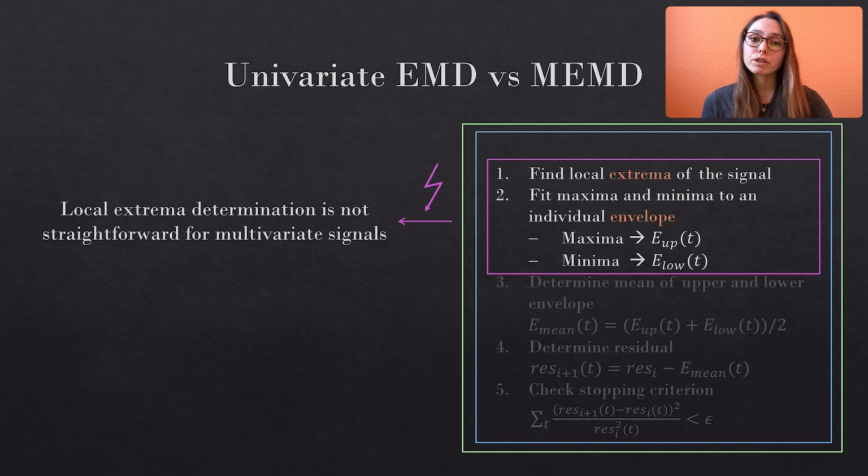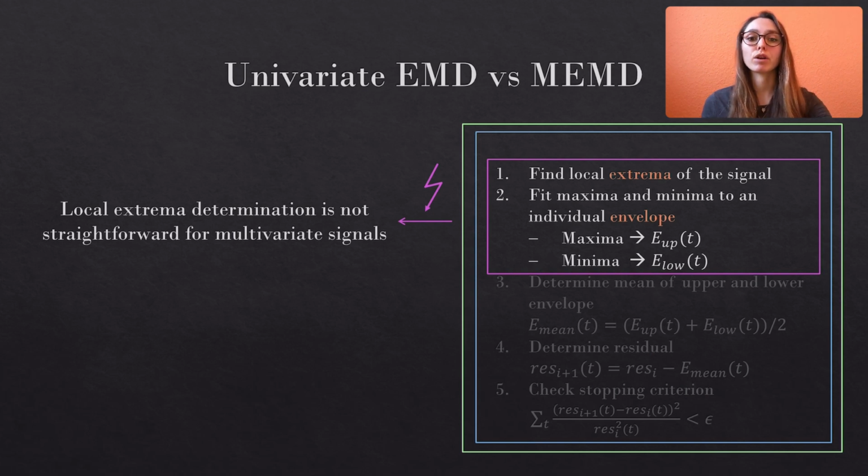Finding local extrema in multivariate data is not straightforward, since higher dimensional fields like complex numbers and quaternions are not ordered. So you cannot state if one complex number is smaller or greater than another complex number. This obviously inhibits the determination of local extrema.